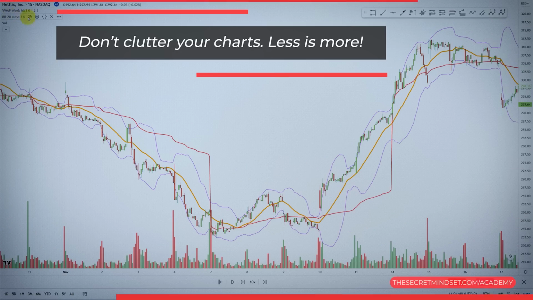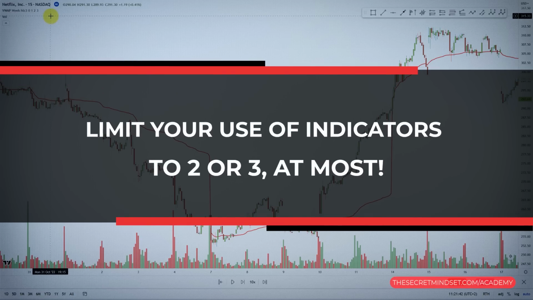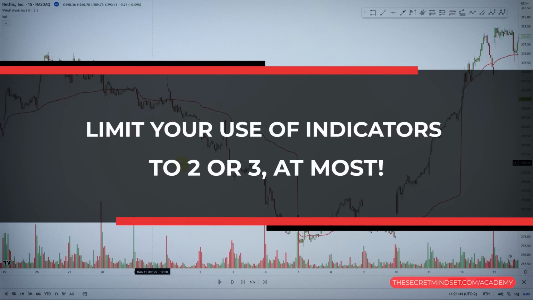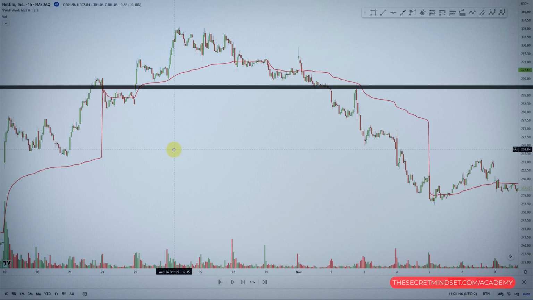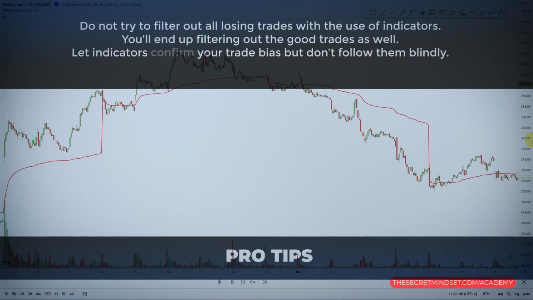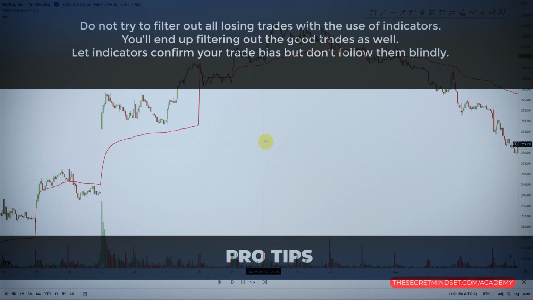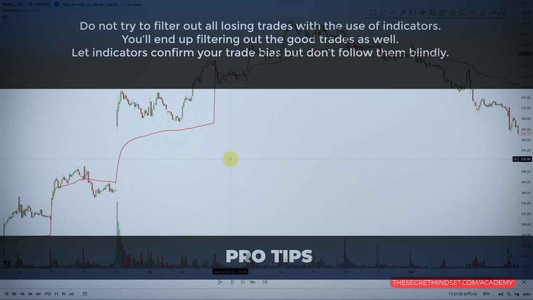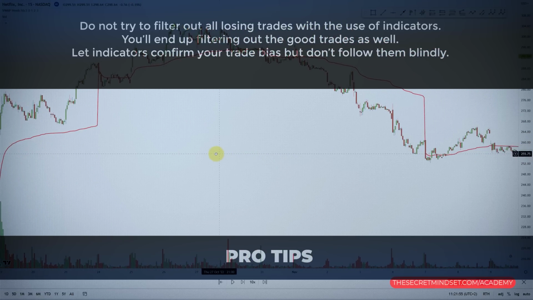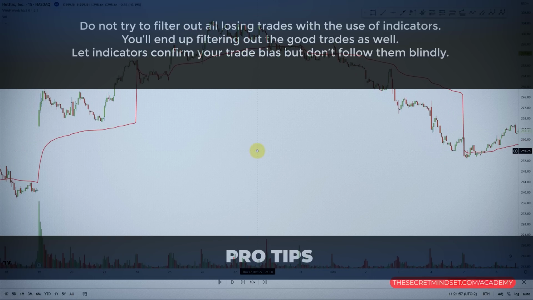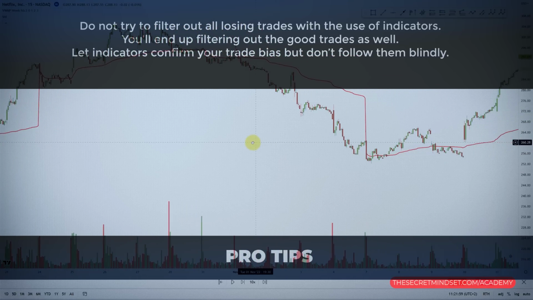Less is more. So limit your use of indicators to 2 or 3 at most. And don't try to filter out your losing trades with the use of indicators. You'll end up filtering out the good trades as well. Let indicators confirm your trade bias and don't follow them blindly.